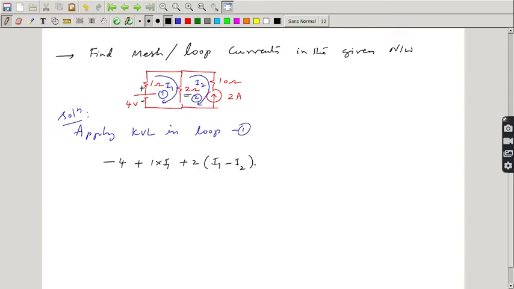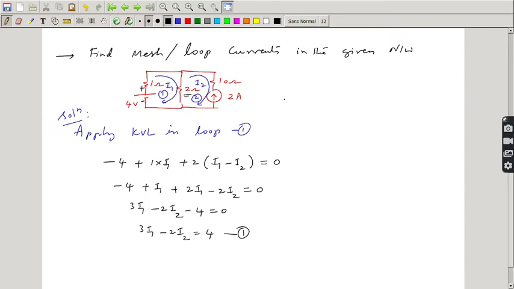Is there any other element in loop 1? No, so the sum is 0. So minus 4 plus I1 plus 2I1 minus 2I2 equals 0, that is 3I1 minus 2I2 equals 4. Take this as equation 1.